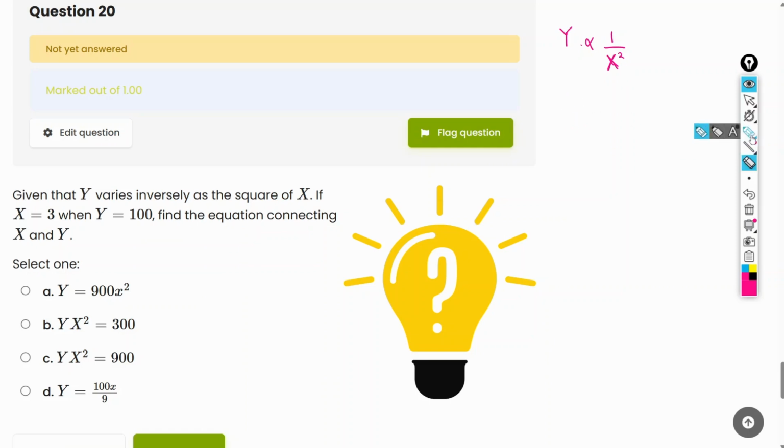Y would be equal to k over x squared. I'm making so many mistakes, I'm sorry. K times 1 over x squared. We are told that when x is 3, y is 100.